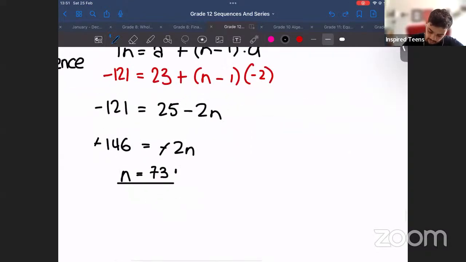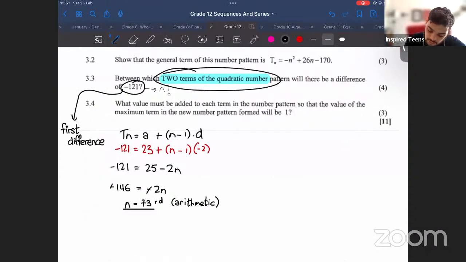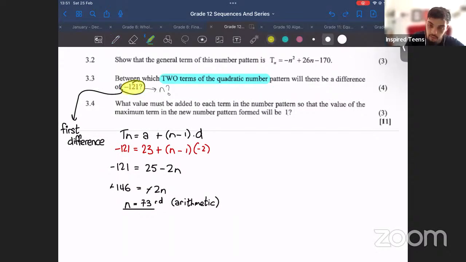So if the 73rd term of the arithmetic is negative 121, can somebody tell me between which two terms in the quadratic negative 121 is the difference? T73 and T74, excellent.